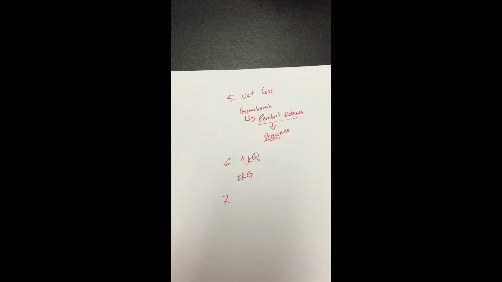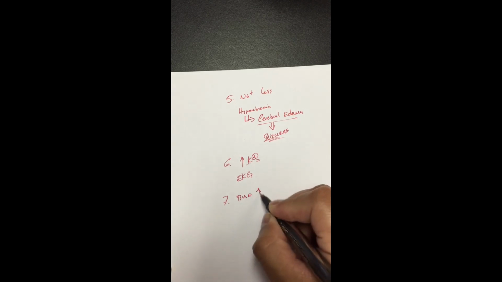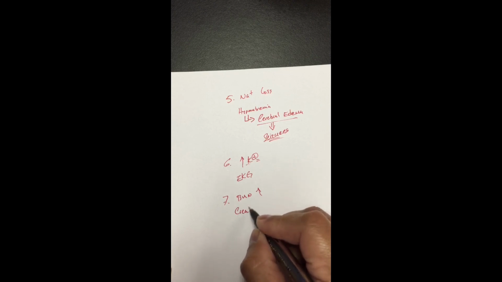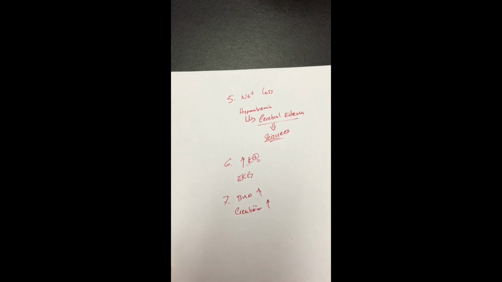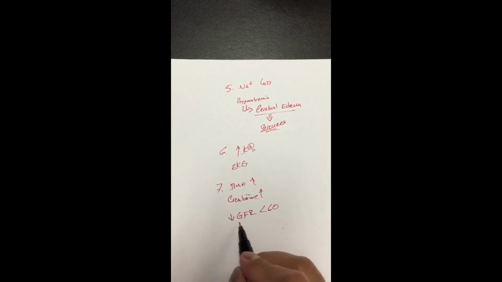Number 7, if you were to do a BMP, basic metabolic panel, you'd find that BUN and creatinine levels are elevated. So you'd have high BUN, high creatinine, and a decreased GFR, less than 60.